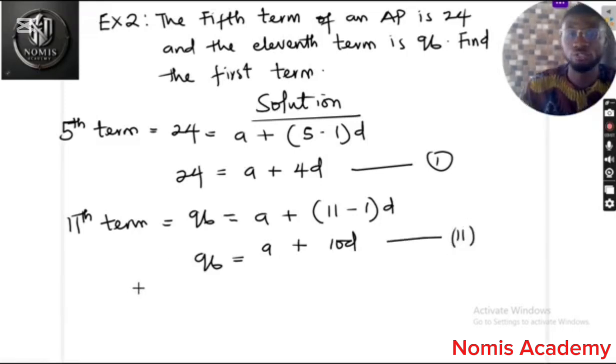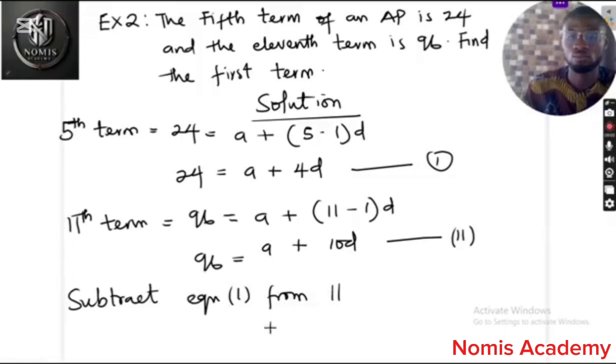Let's subtract equation 1 from equation 2. So that says 96 equals a plus 10d is equation 2.